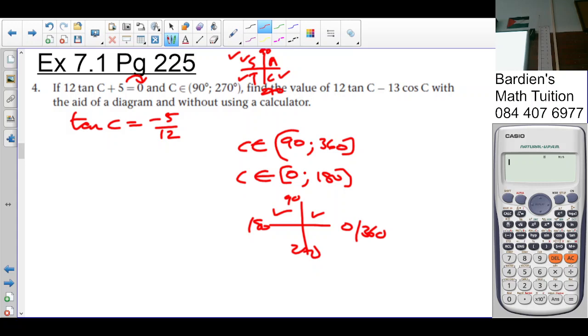Third, fourth. Not so. If they tell you that theta or C is an element of 270 to 360, which quadrant are they referring to? The fourth quadrant. You understand?